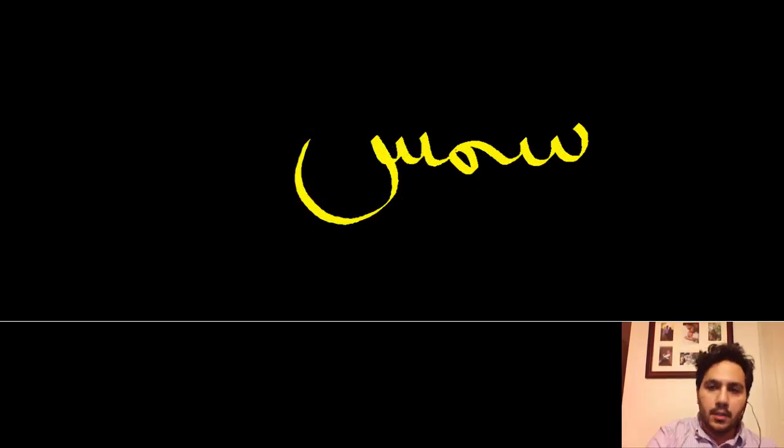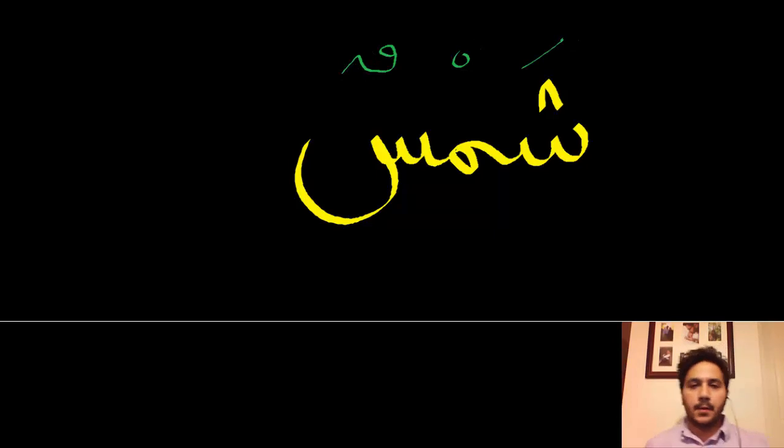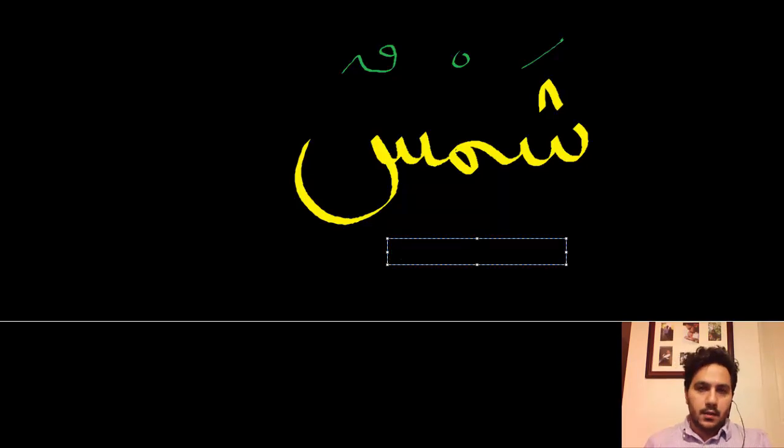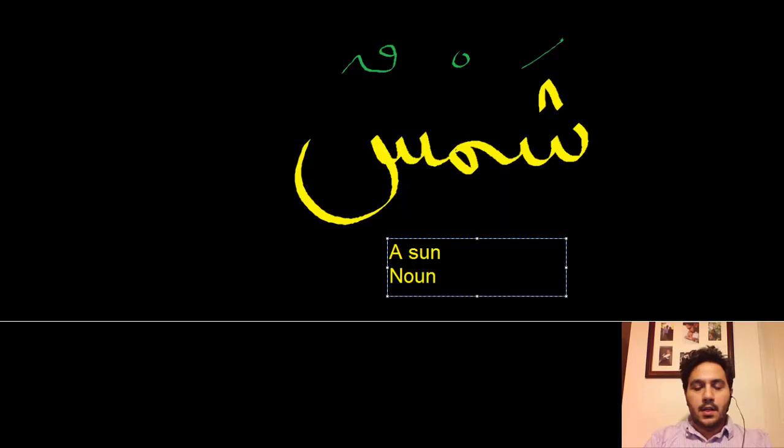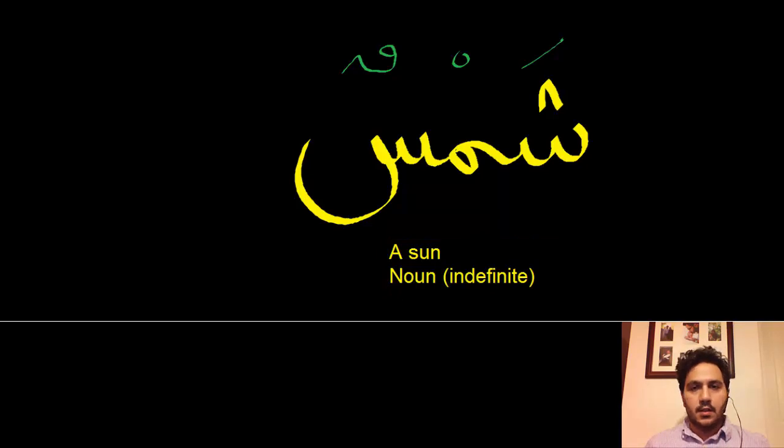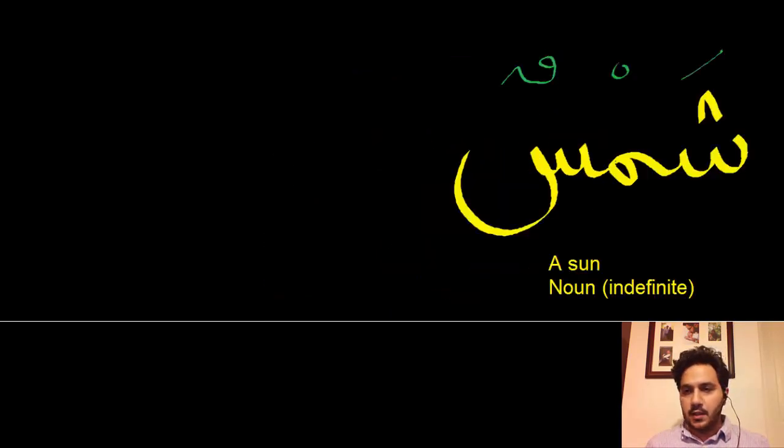Shamsun. Alright, with the harakat. Shamsun. Okay? And in English, that would be a sun. And it's a noun, and it's indefinite. It's not very specific, it's just a sun. We're not talking about a specific sun here.